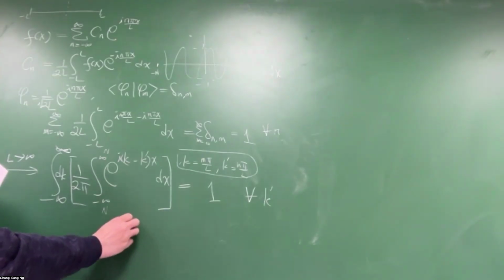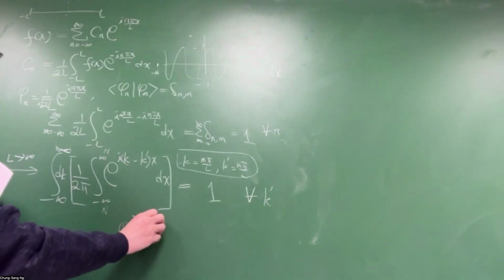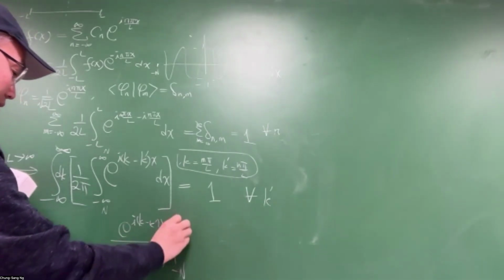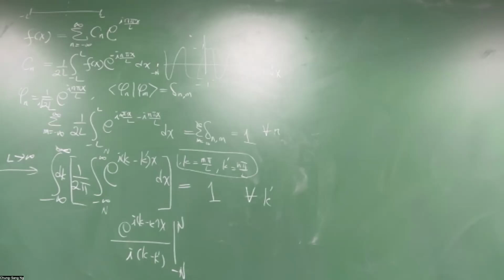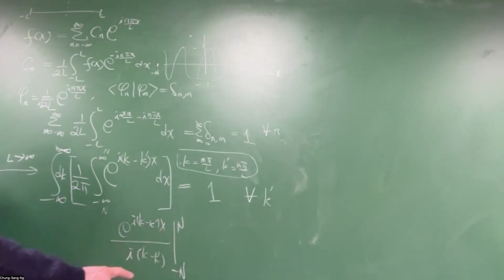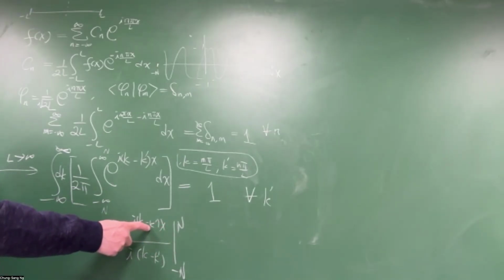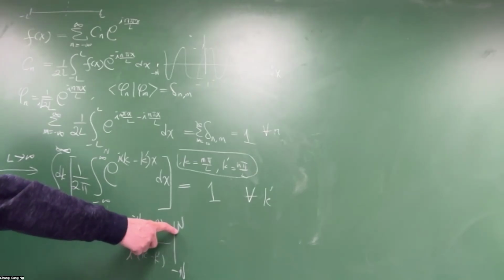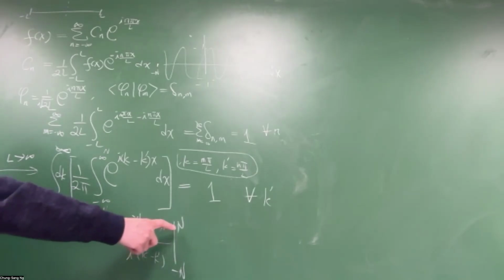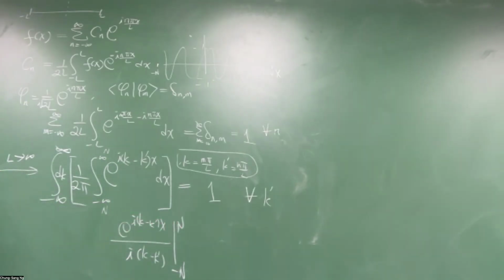Just elementary integration of e to the i (k minus k prime) x divided by i (k minus k prime), evaluated at the limits. That becomes a well-defined integral, and you can just substitute the limit, and obviously this value will depend on N, because this is a sinusoidal function. Different N will give you different values.